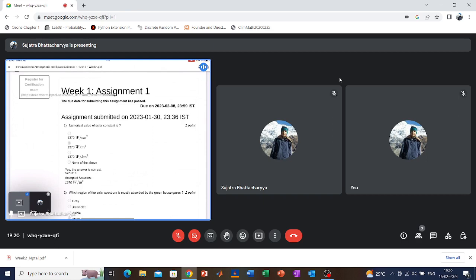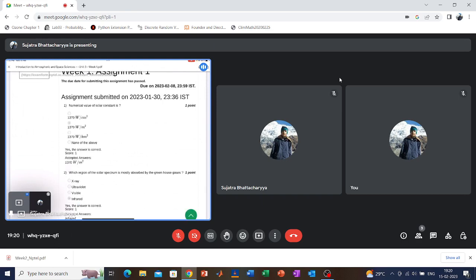Here I think the value is the same in all three options, but the most important thing being checked here is whether you write the SI unit properly or not. So watts per meter square is the SI unit of the solar constant, because it is energy per unit time per unit area. So 1370 watts per meter square is the numerical value of the solar constant.